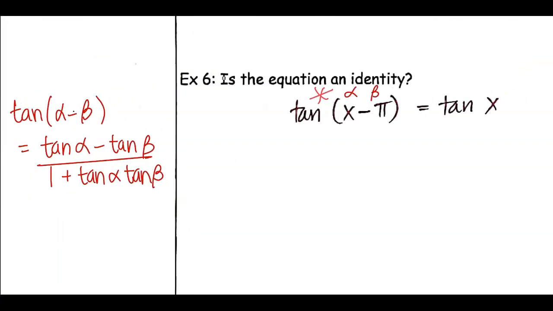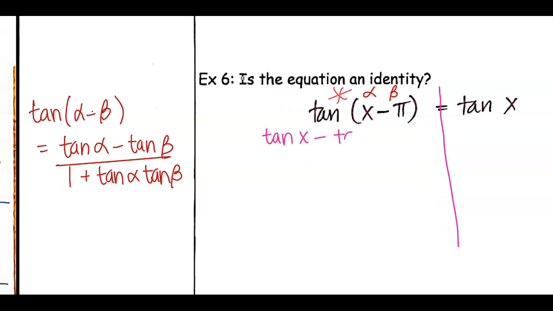X is your alpha, pi is your beta. So if I was to plug this in, I'm going to draw my line to show that I'm not solving anything, I'm just making sure both sides are separated. We're going to have tangent of x minus tangent of pi over 1 plus tangent x, tangent pi.